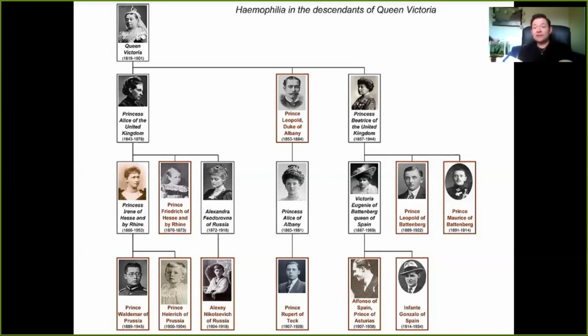And a lot of people in Russia did not like the power that Rasputin seemed to have. And it was part of the precipitation for the Russian Revolution. Obviously, there was a lot more to the Russian Revolution than that, but part of the cause of the Russian Revolution was the influence of this Rasputin on the royal family, which wouldn't have occurred if Alexei had not suffered from hemophilia.